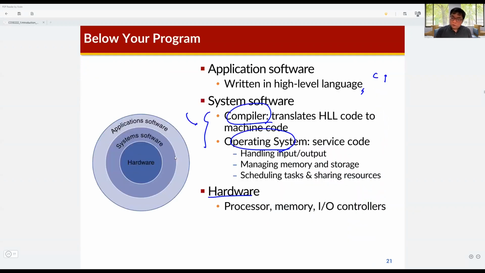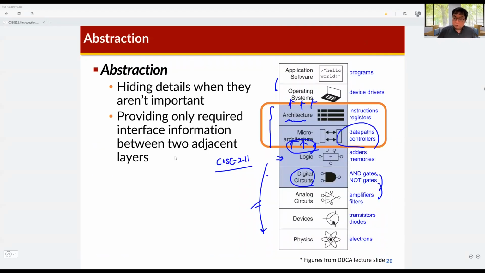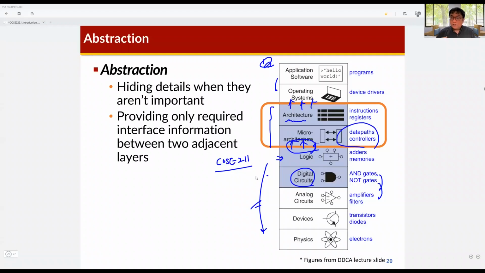The software is composed of application software and system software such as a compiler and operating system. So in order to understand computer systems, we divide the entire computer system into many layers like this figure, and then we just try to focus on a certain layer.